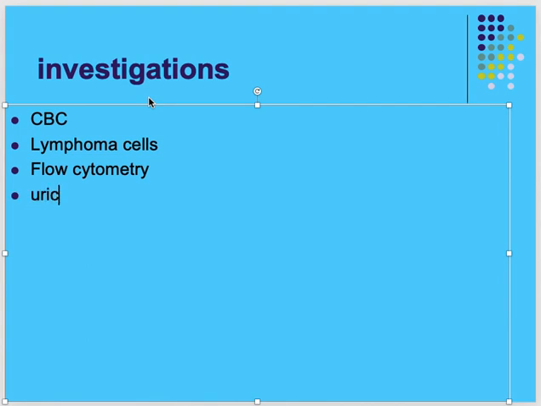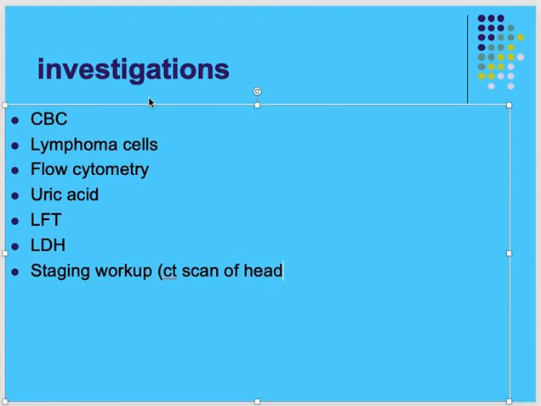You can check the uric acid levels, which can be high. LFT to check for liver involvement. LDH to check for disease progression. Then remember, in all cancers we do a staging workup. We have done CBC and LFT, so we will go for CT scan of the head, chest, and abdomen, all the structures.